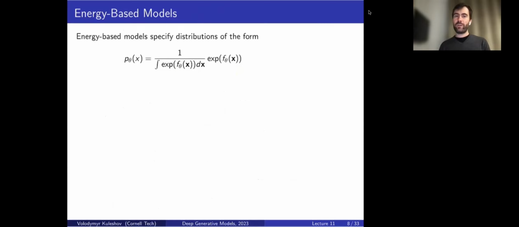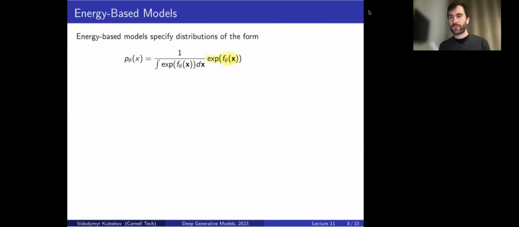The idea of an unnormalized or an energy-based model is to parameterize a distribution of the following form. I start with some model f of x, which gives me a score at each data point. I make this score non-negative by passing it via an exp. That satisfies the first condition for a probability. Now I have a non-negative score at each data point.